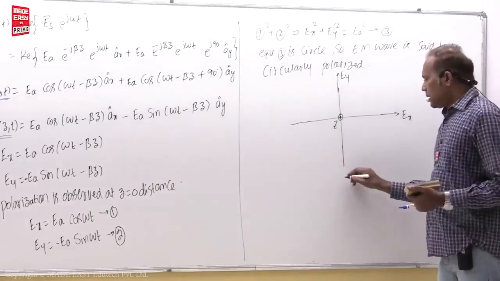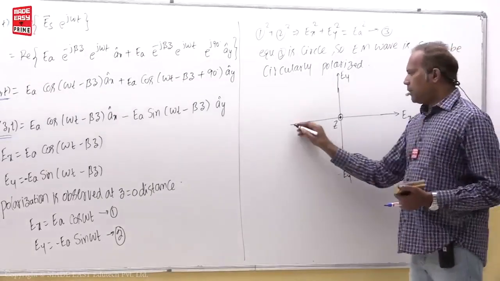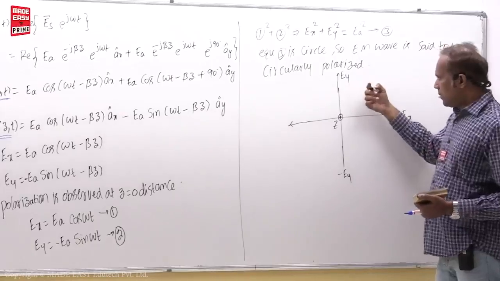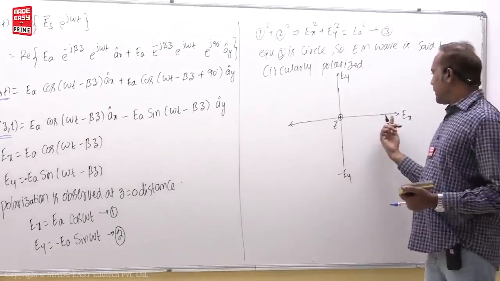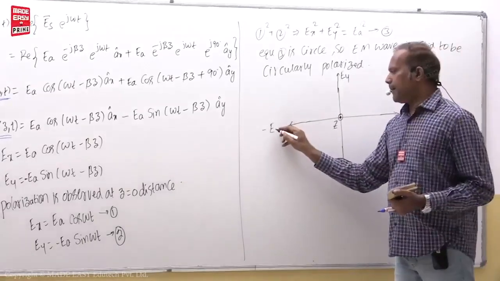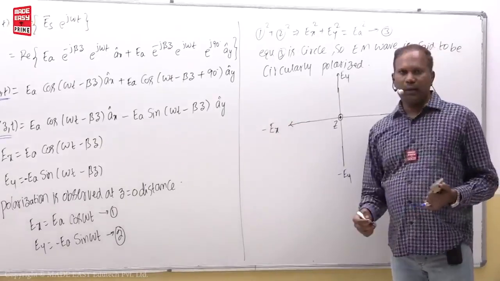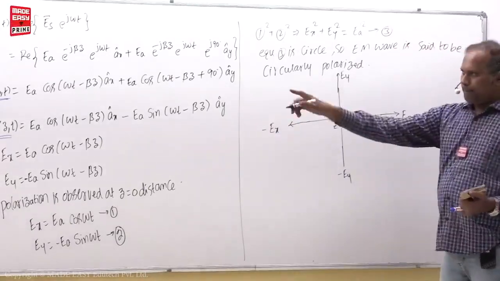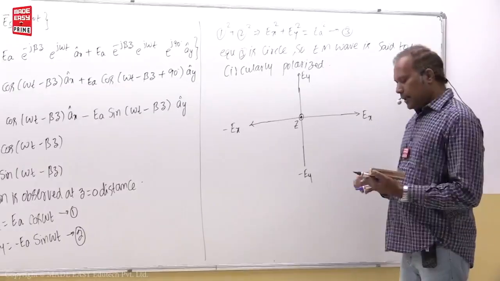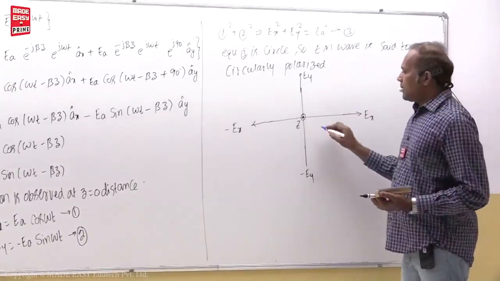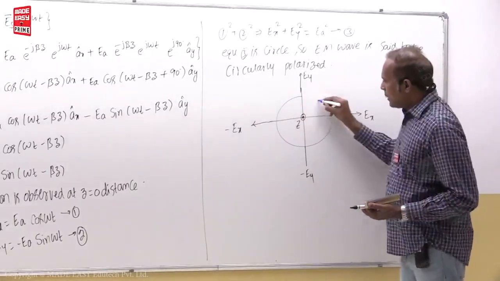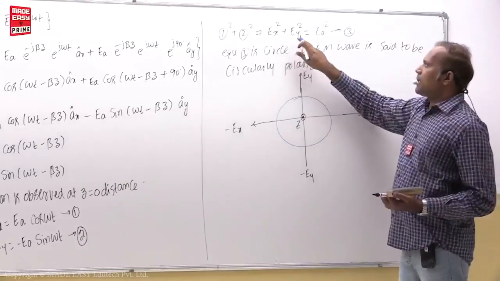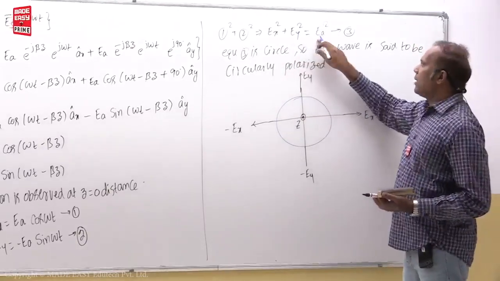Now, this is the negative electric field, minus Ey. This is the electric field x component negative value, minus Ex. So students, if it is a circle, here actually x square plus y square is equal to a square.